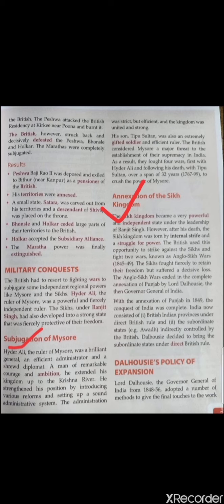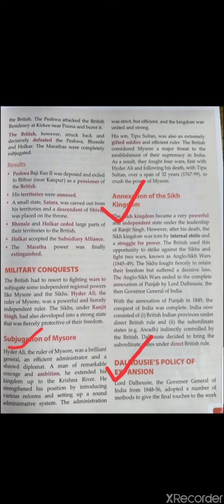The Sikhs lost the battles completely. The whole of Punjab fell to the British, and thus the Anglo-Sikh Wars ended. With the annexation of Punjab in 1849, the conquest of India was finally completed by the British.